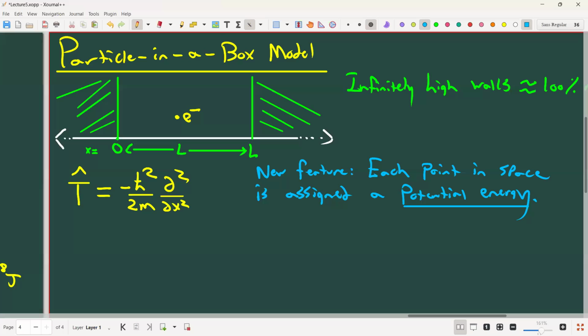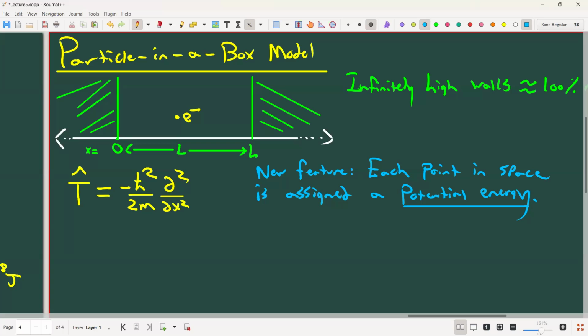Right? So potential energy assigns an energy value to every point in space. And so what that means is that if you're in a region where the potential is small, the particle doesn't have to pay that energetic cost to be at that position. You can imagine the potential energy of a single point is the cost of the ticket to be present at that point.